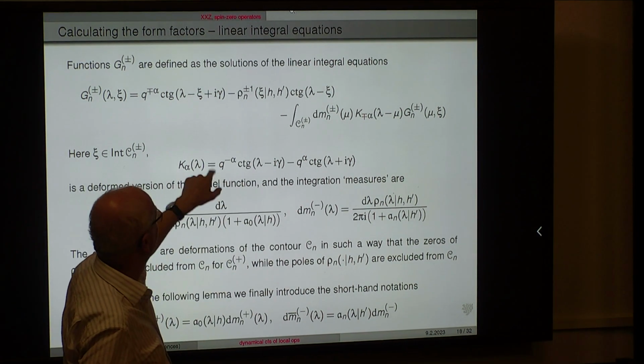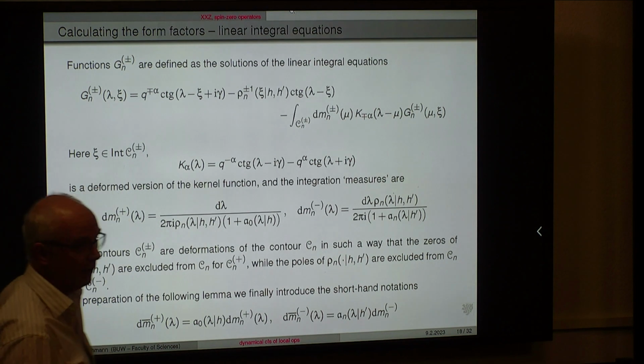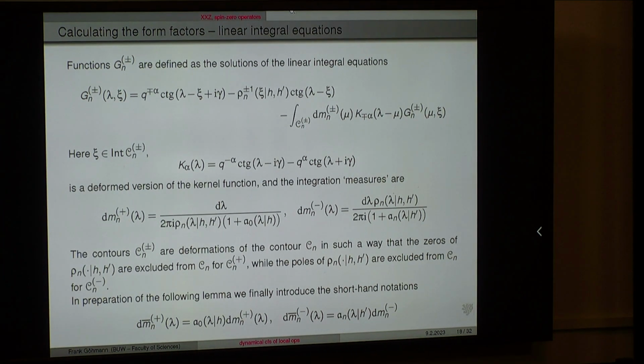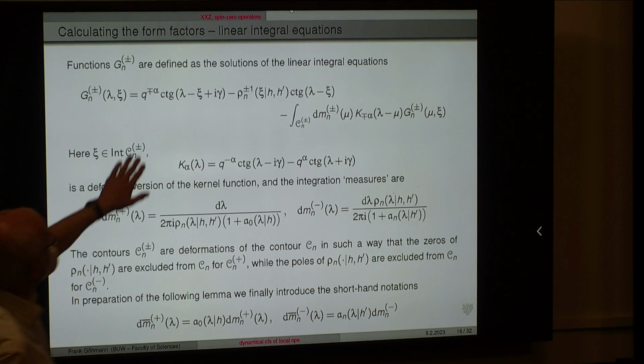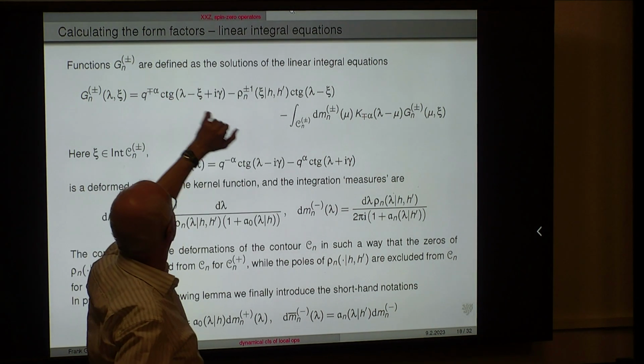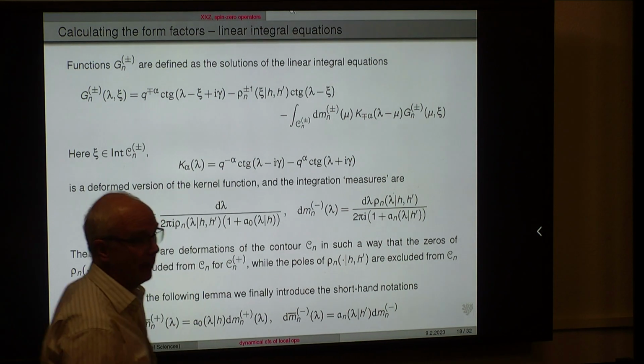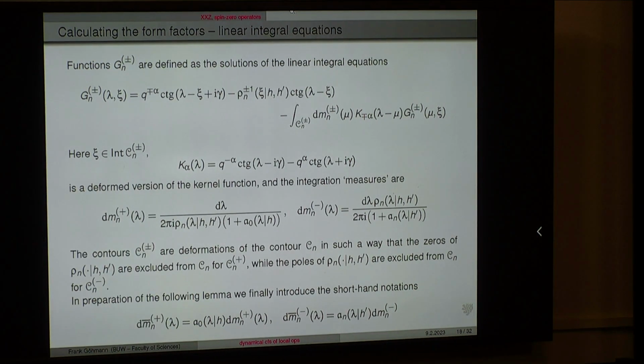Then there is this funny deformed kernel where alpha is alpha deformed. Alpha was the difference of the two magnetic fields. This first term is a deformation of the bare energy by alpha and by this eigenvalue ratio.